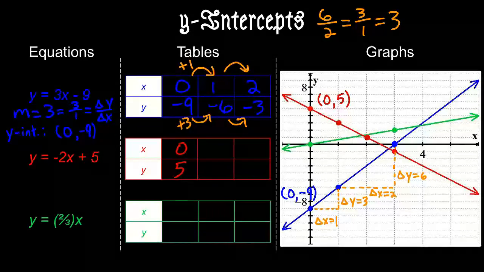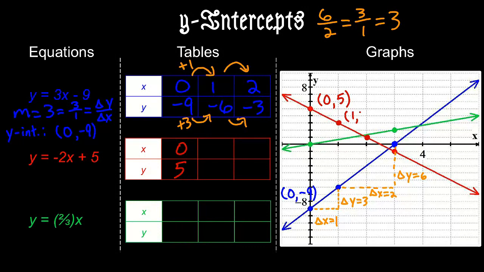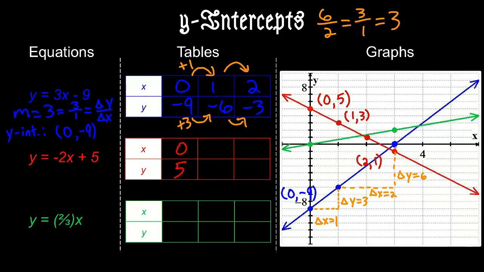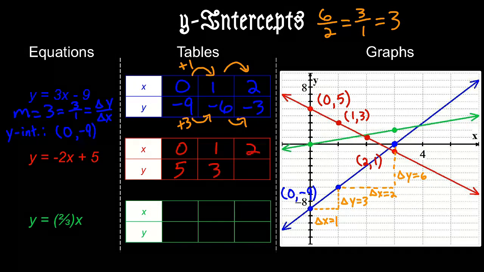So this one is the point (1, 3). This one is the point, let's do it down here, (2, 1). So I'll just add those. (1, 3), and (2, 1).